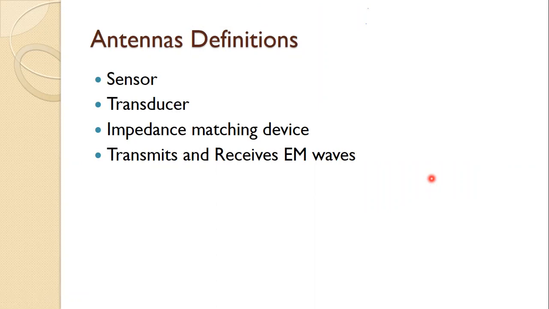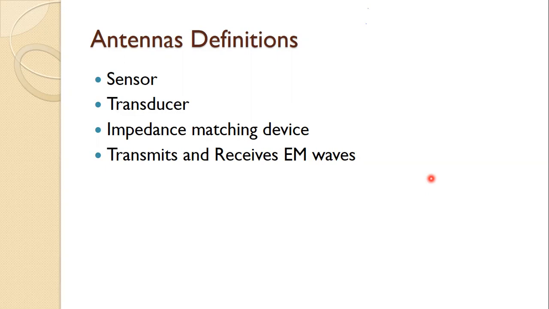Now at the end, I am going to tell you about the definitions of antennas. First of all, it is a sensor. It senses electromagnetic signals. Second, it is a transducer. It converts voltage and current into electric and magnetic fields and transmits them into free space. Third, it is an impedance matching device.